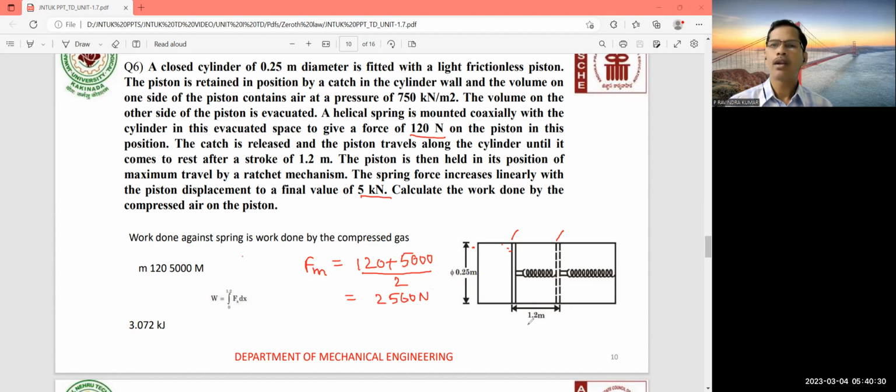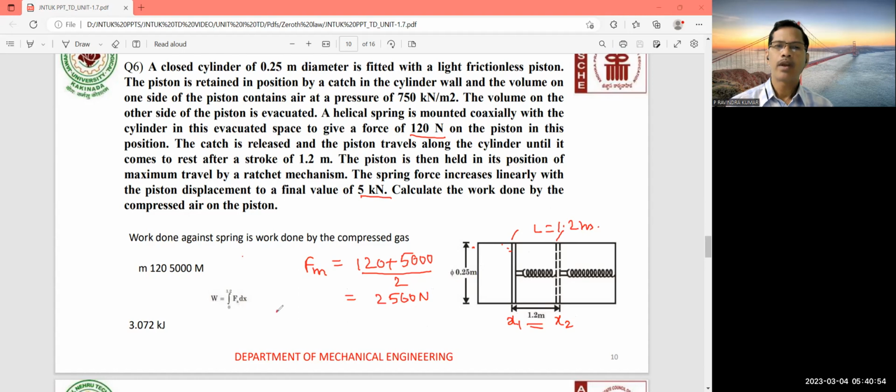Then what is the travel? That is the displacement, from the initial position x1 to the final position x2. It is 1.2 meters displacement, right? Next one is the work done.